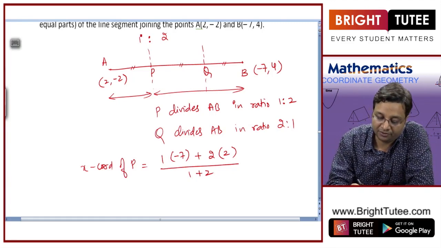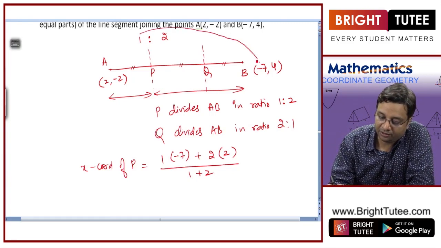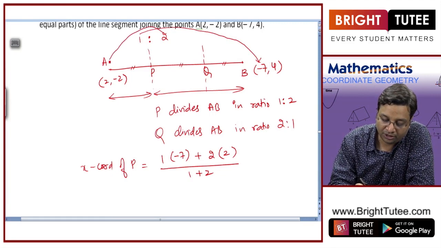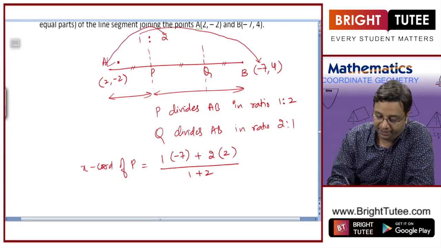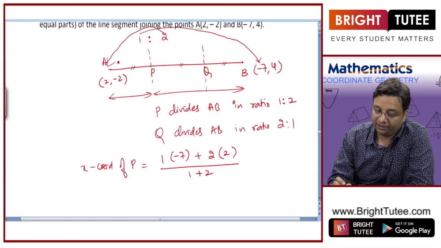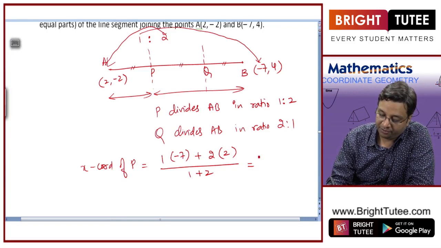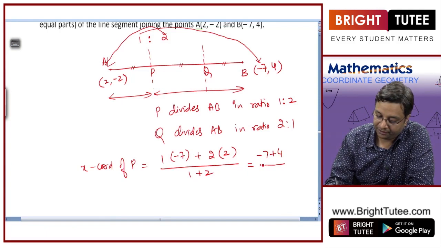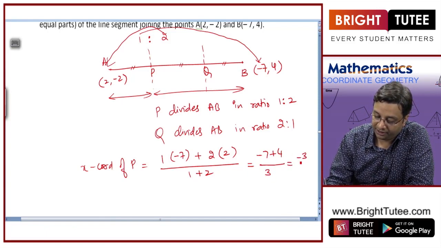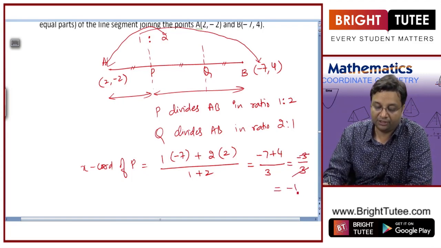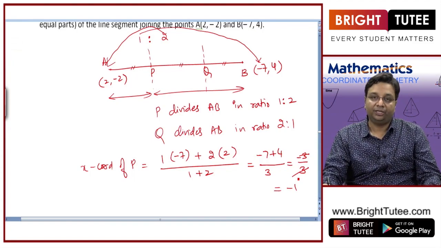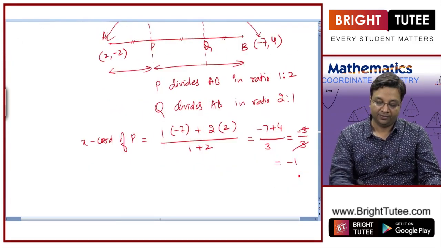I multiplied this 1 with the x coordinate of B and this 2 with the x coordinate of A and divided it by 1 plus 2. So it will give me minus 7 plus 4 divided by 3, right? So it will give me minus 3 by 3, which is equal to minus 1. So the x coordinate of point P is minus 1.